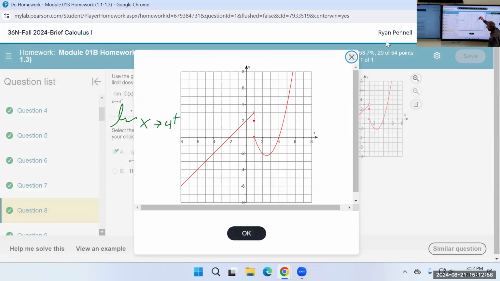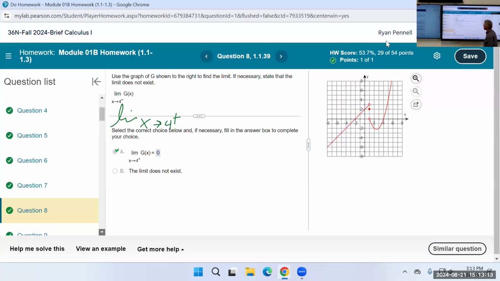Get closer and closer to x equals 4. It looks like it'd just be 0. Not really seeing any problems. And if I went the other way, it would also work out. So I think the limit exists. I think it equals 0. So it doesn't have to be broken. You can still have the limit. Limit still exists even if it's continuous, but we focus a lot on if it's discontinuous.